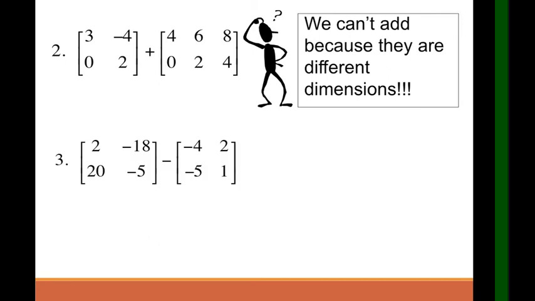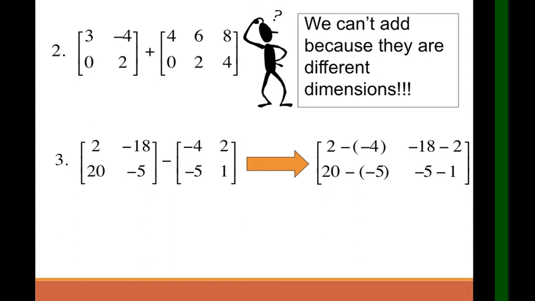For number 3, they now have similar dimensions, but at this point it is subtraction. The same is true: in addition and subtraction, both matrices should have the same number of elements. So we have 2 minus negative 4, negative 18 minus 2, 20 minus negative 5, and negative 5 minus 1.